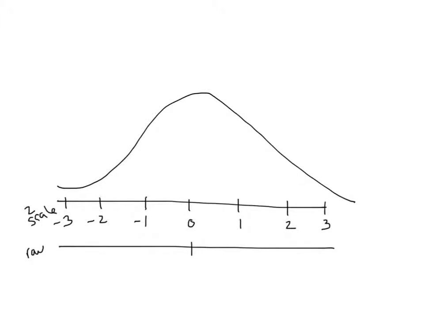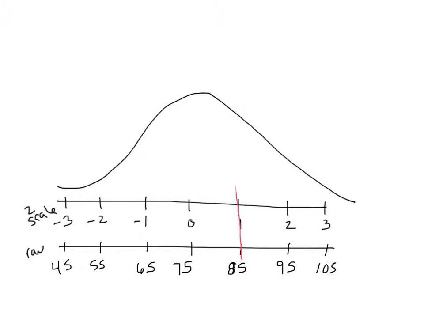Before we do that, we need to include our raw scale. So our raw scale, we had a mean of 75 and a standard deviation of 10, so that would bring us to 85, 95, and 105, as well as 65, 55, and 45. Our first job is to label our z-scores that we got.